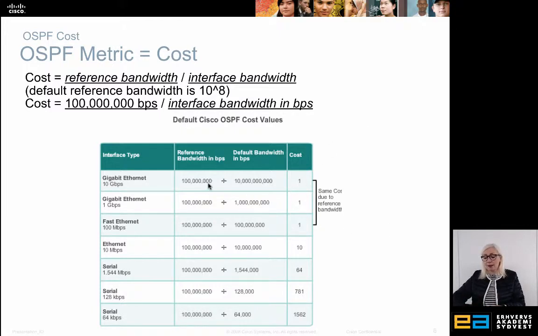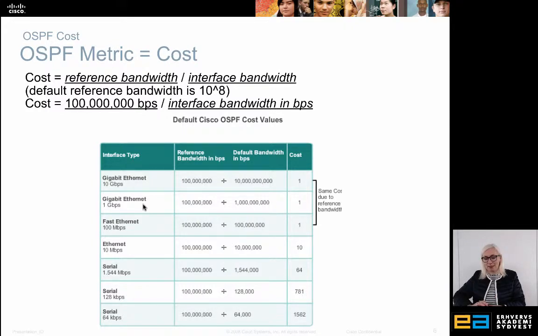So here, the reference bandwidth is set to 100 million bits per second, which is the same as 100 megabit.